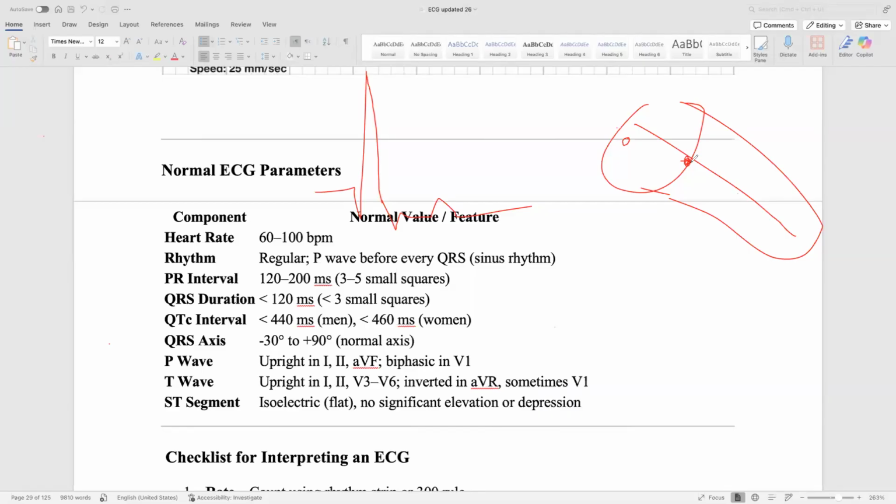The electrical activity for the two ventricles travels at the same velocity down the two bundles, the right bundle and the left bundle, because they have the bundle of His, the right bundle, and the left bundle.